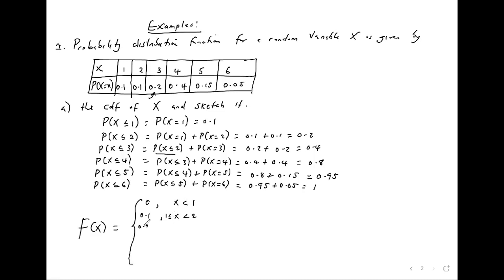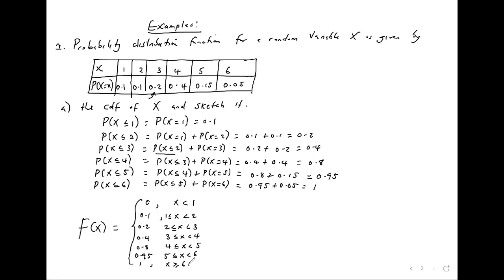And then 0.2, for 2 less or equal to X less than 3. And then 0.4, for 3 less or equal to X less than 4. Then 0.8, for 4 less or equal to X less than 5. Then 0.95, for 5 less or equal to X less than 6. And then 1 for X greater or equal to 6. That's how you present your CDF function.